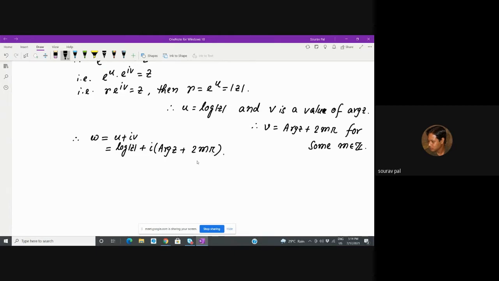So this shows that these are the precise values, log mod z plus i arg z plus 2k pi, where k runs over the integers, for which e to the W is equal to z. So in other words, the logarithm is the reverse operation of the exponential, even for complex numbers.